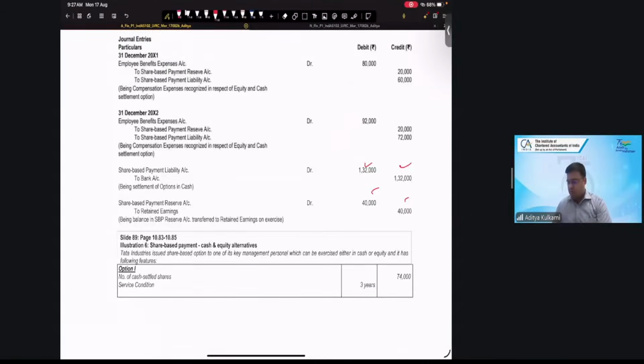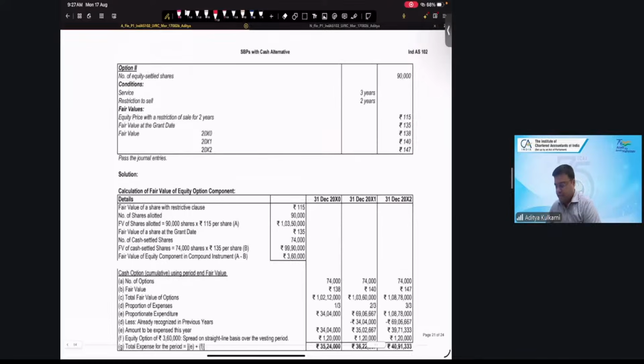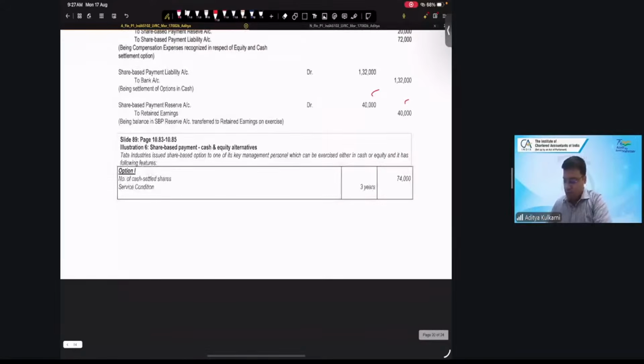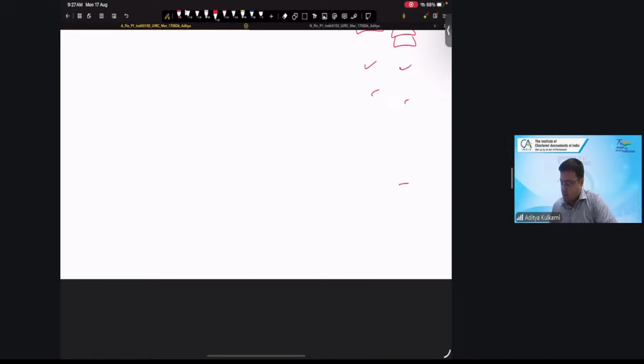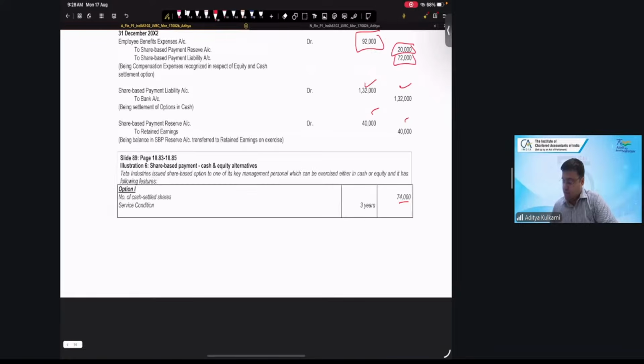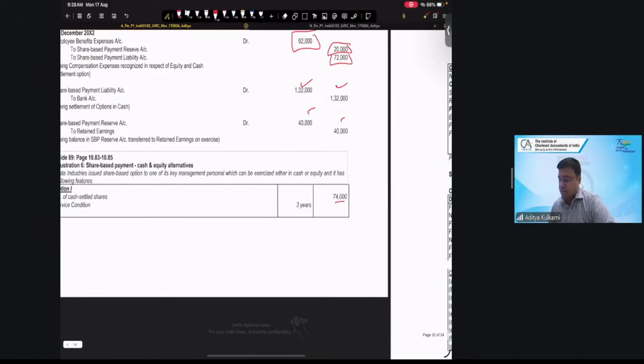Okay, so we can pull up another example to understand how this works. Tata Industries issued share-based option to one of its KMP, which can be exercised either in cash or equity, and it has the following features. Option 1, number of cash settled shares is 74,000. Service condition 3 years.